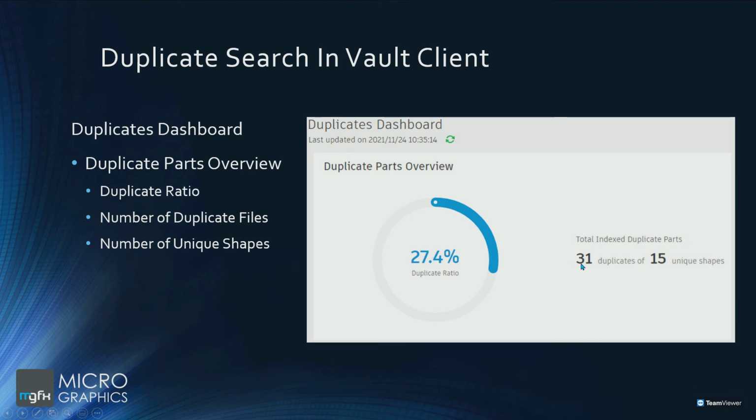And to the right of that, it tells us that we have 31 duplicates of 15 unique shapes. So 15 of those 31 files are unique. The rest, the other 16, are duplicates. So that is the first section of the duplicate dashboard. That's the information that you can pull from there.